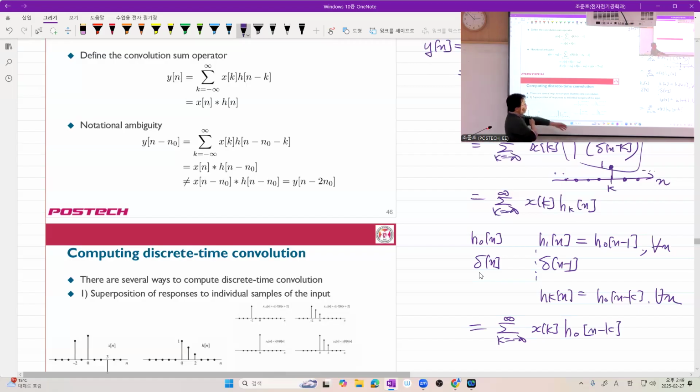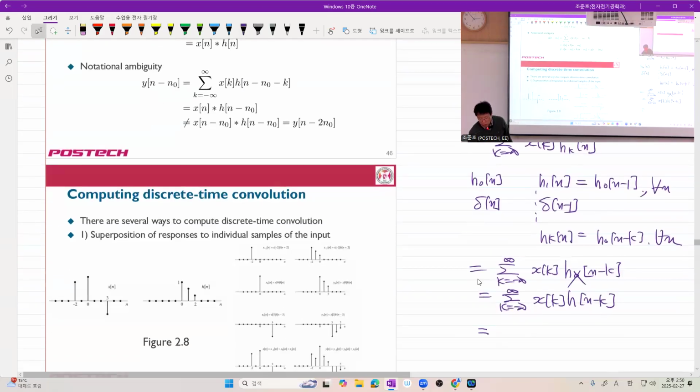So we can rewrite the output y as the weighted delayed version of the system response to delta of n. And in many cases, we just drop this one and say, hey, we have x of k, h of n minus k.